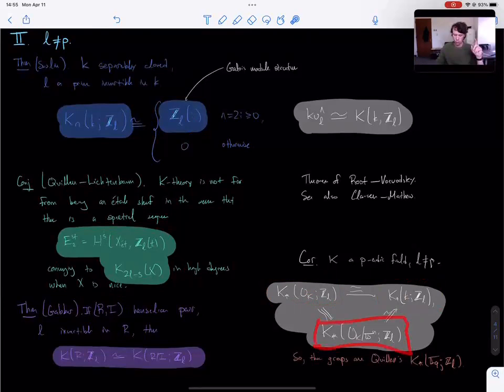But that's also true for these intermediate rings, O_K mod pi to the n. And so these groups are Quillen's. And there's nothing really extra to be gained. We don't need to do any further analysis to understand these groups in the prime to P setting.